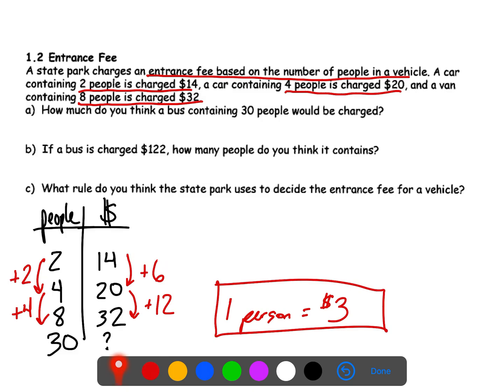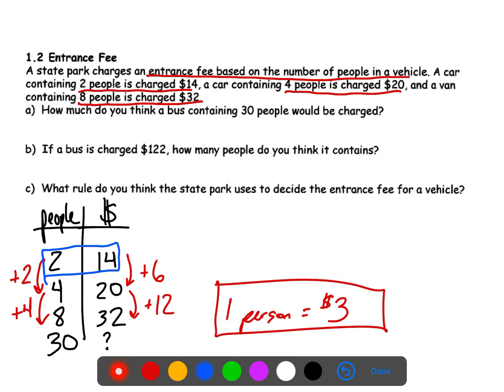So if 2 people, let me change colors here, if 2 people cost $14, and 2 people, we know, because of the per person cost here, should only cost $6. So $6 of these dollars is for the 2 people in the car. The rest would be for the vehicle. So 14 minus 6 is 8.